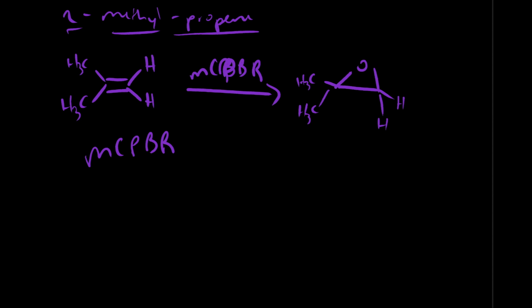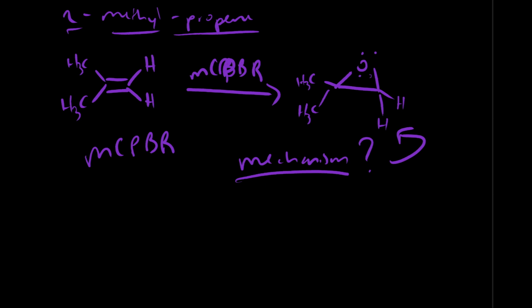And of course, we all know that an epoxide is going to form, but you never learn the mechanism for the epoxide. And so that is exactly what we will do today.